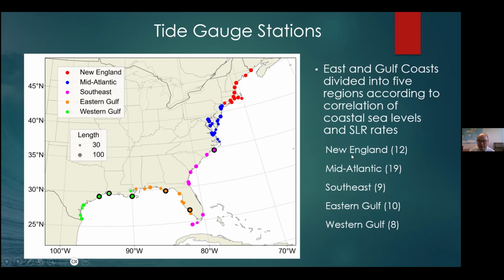The New England region is north of New York City, with 12 stations. The Mid-Atlantic coast from New York City to Cape Hatteras has 19 stations. The Southeast coast from Cape Hatteras to Key West has 9 stations. And the eastern and western Gulf are east and west of New Orleans.